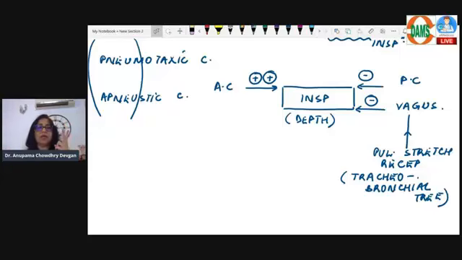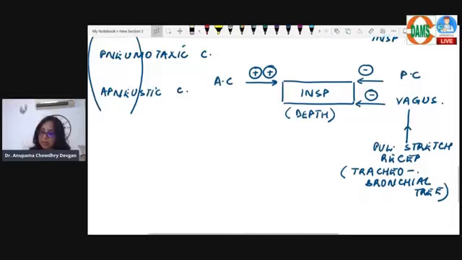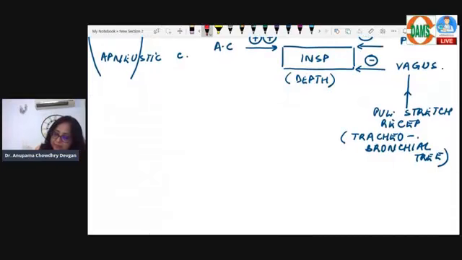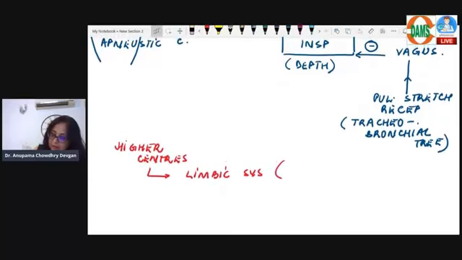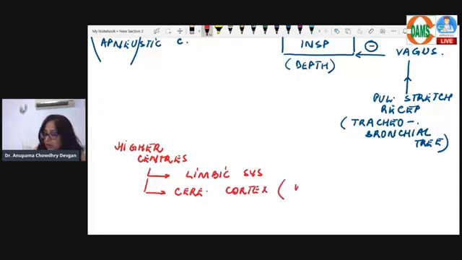Higher centers, I told you, there are 2: the limbic system, with emotions affecting respiration, and the cerebral cortex, which is involved in voluntary control of respiration, right?